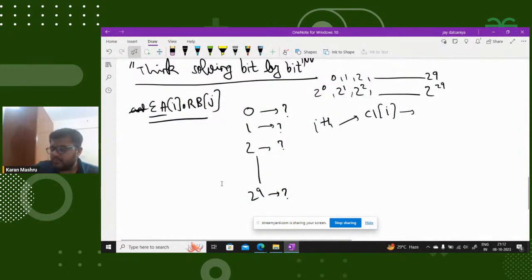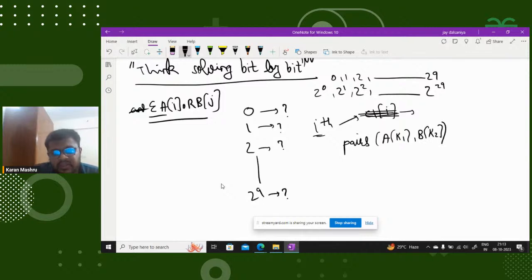So what will be the contribution of the ith bit to my answer? Can I say it is the number of pairs of A[k1] and B[k2] in which, after taking OR between them, my ith bit is set, multiplied by 2^i, because this many would be the number of pairs in which the ith bit is set, and the value of the ith bit is 2^i.